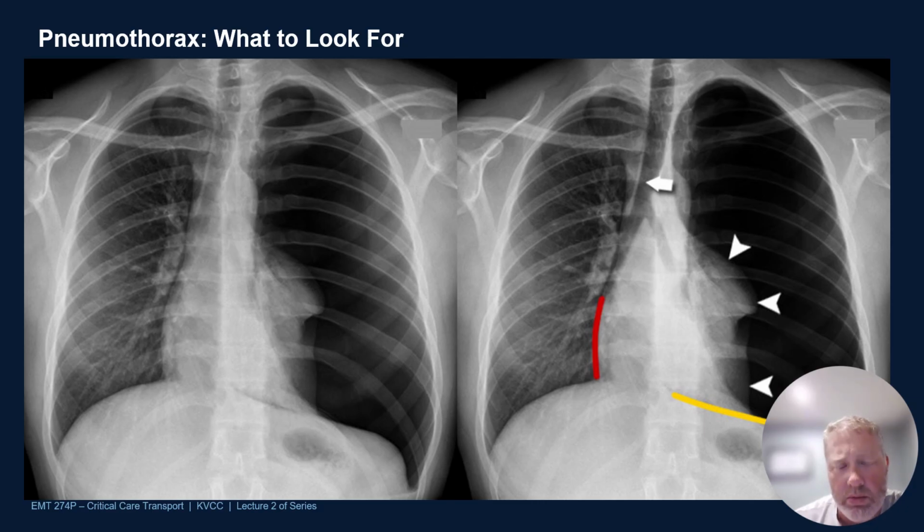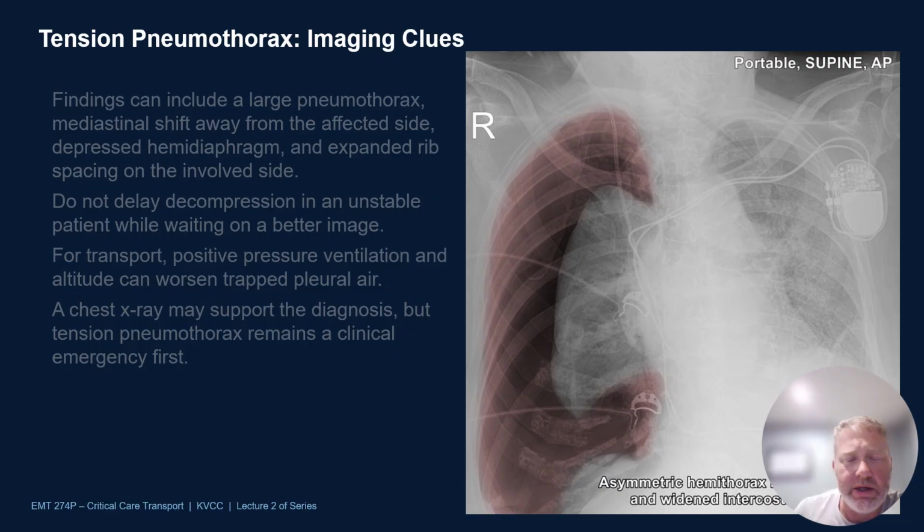Pneumos are very important to treat en route because a small pneumo can become a big pneumo in the blink of an eye, especially if they're on positive pressure ventilation, whether non-invasive or on a ventilator. If you see anything that suggests a possible tension pneumothorax, those are very unstable patients that require immediate action.